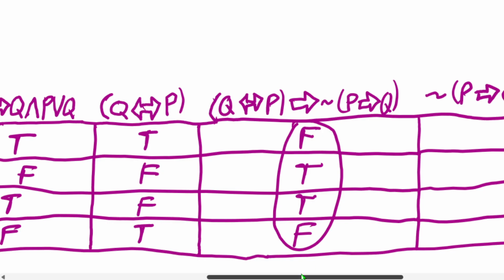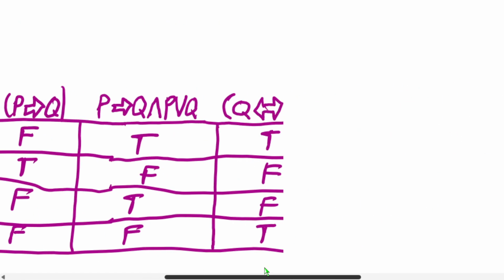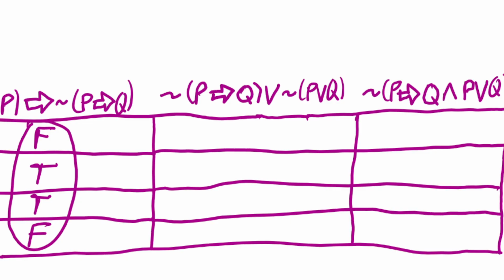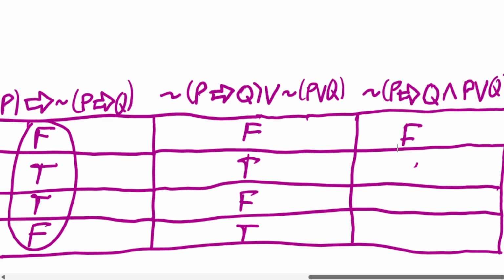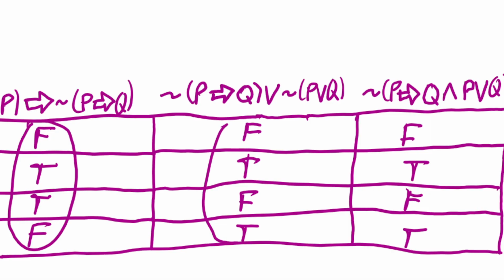But for part B, where we're having to verify these two statements, we'll put down the truth values here. These are logically equivalent because they contain the same truth values.